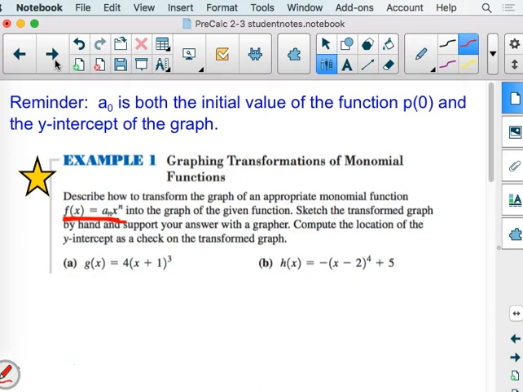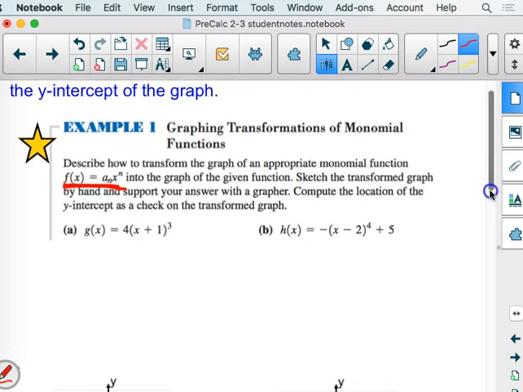You know, talk about what's going to happen, what's your parent function, how is this going to change it if you have a number in front, numbers in back, how do we change that into the graph of a given function? Sketch the transform graph by hand and support your answer with the grapher. Just double check it. Compute the location of the y-intercept as a check on the transform graph. Yeah, if we say the y-intercept is 5, then the graphing calculator better have 0, 5 as one of its points, or we messed up.